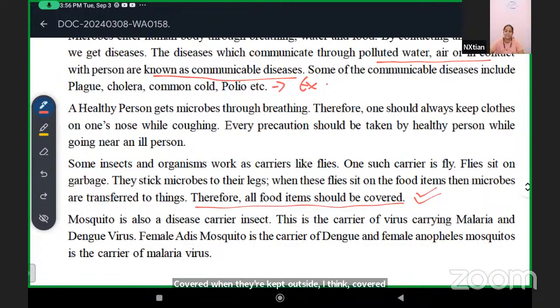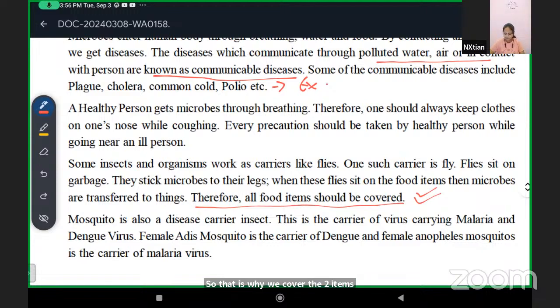Why? So that flies and other insects don't sit on it, because on their bodies, on their legs, microbes are attached. Flies are mostly in various dirty places where they live. They sit on it, and then they sit on the food. So it literally transfers the microbes to the food, and then we eat the food. It goes inside our body, and it can make us ill. So that is why we cover the food items.